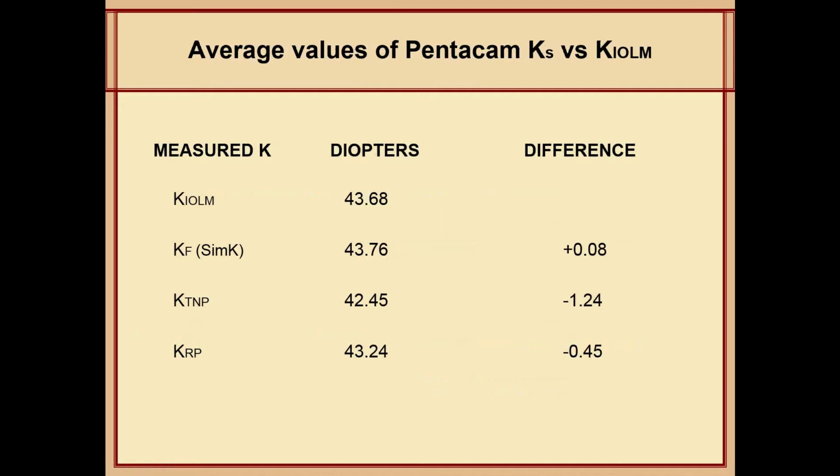The bottom line is, on these cases that we compared, the average K reading by the IOL Master was 43.68, while the average SIM-K on the front part was 43.76, which means the K reading taken from the Pentacam on the front side, the SIM-K, is a little bit less than 1/10 of a diopter more than the IOL Master.